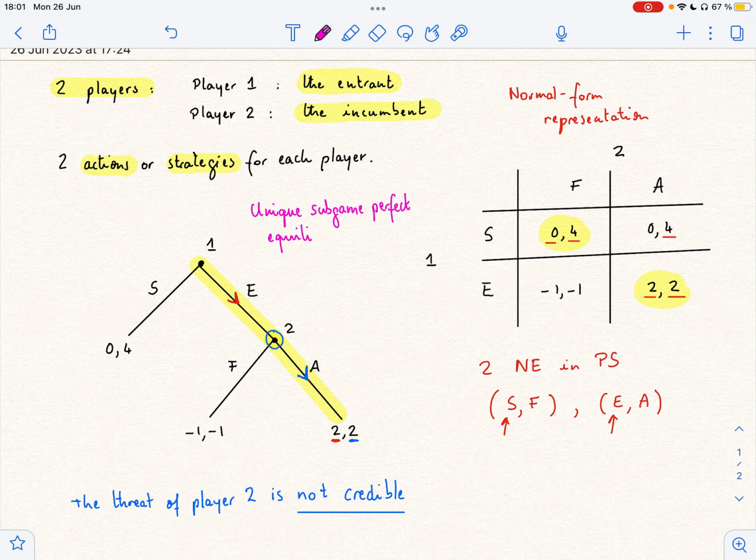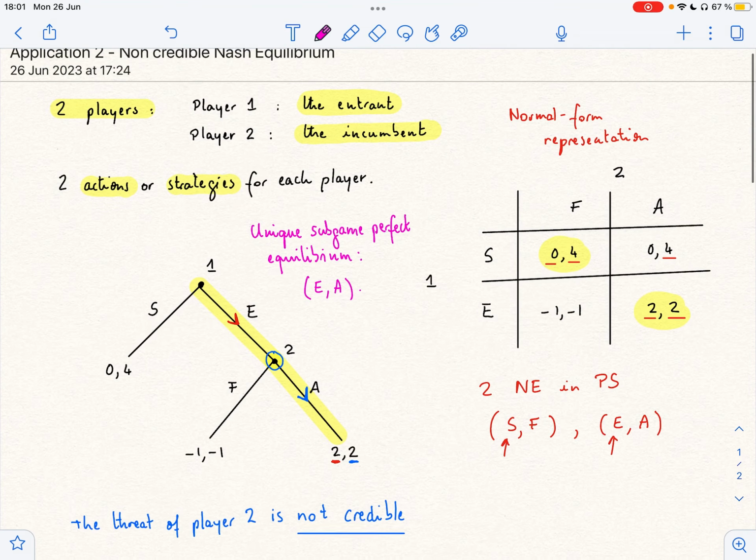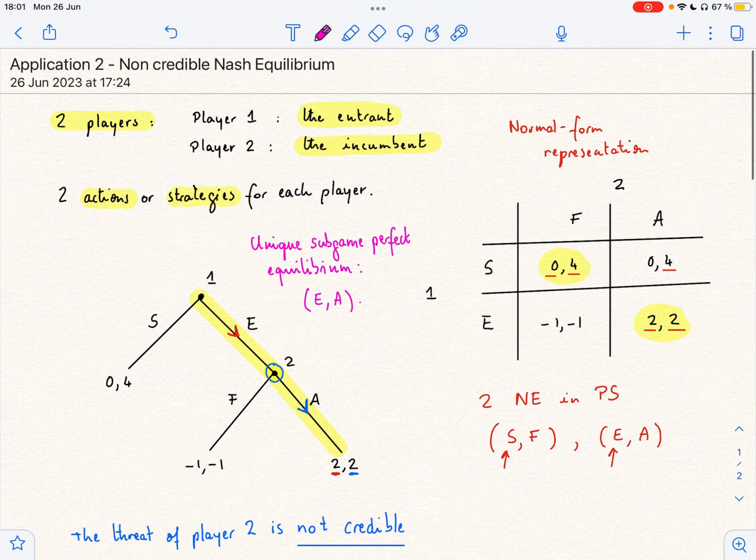This is the equilibrium that is sequentially rational for both players, and this will be enter and accommodate. All right. So by considering the dynamics of the game, we made the non-credible threat equilibrium go away, and we are left with a unique equilibrium.